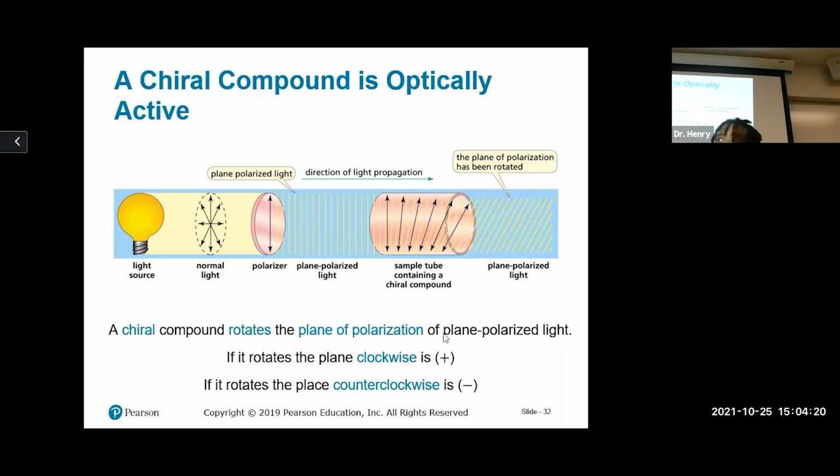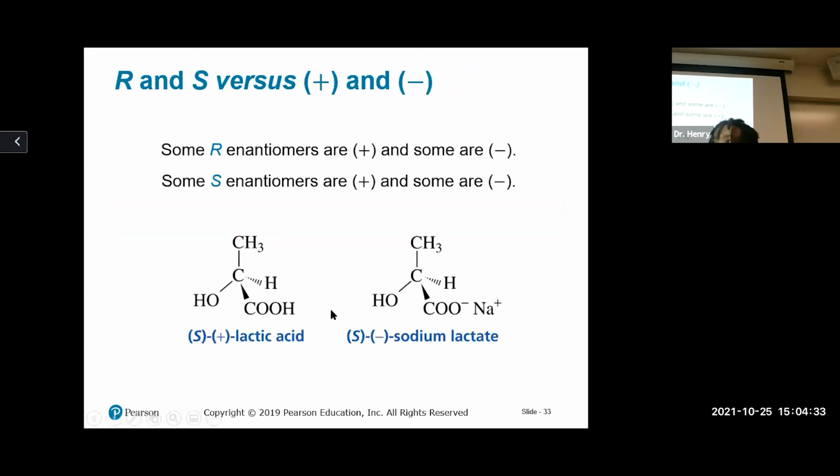Okay. So they're saying that... sorry, I don't know why it's not moving. Okay. So here, both of these are in the S orientation, right? So this is 1.